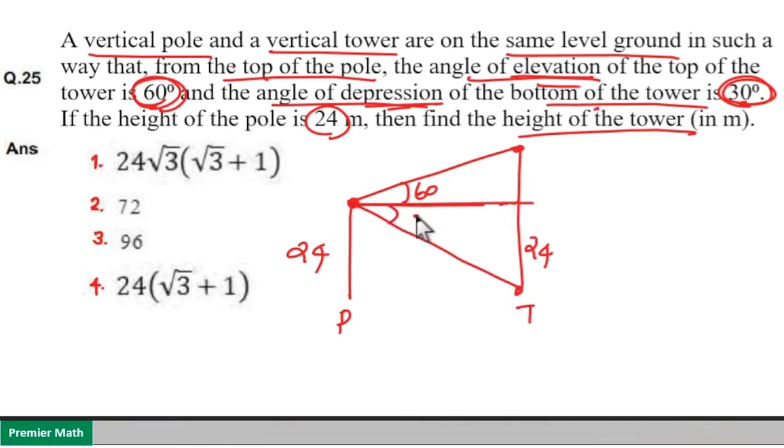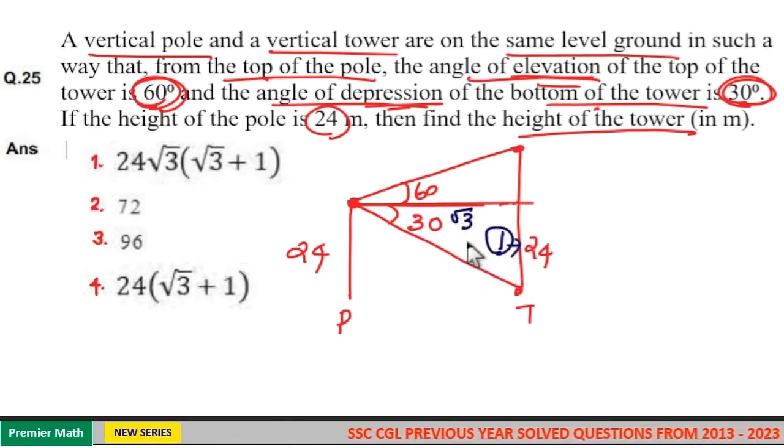So the angle of depression is 30 degree. Now consider this lower triangle, take tan 30. Tan 30 is opposite side by adjacent side in the ratio 1 by root 3. That is, here 1 part is equal to 24, which means root 3 part is equal to 24 root 3.